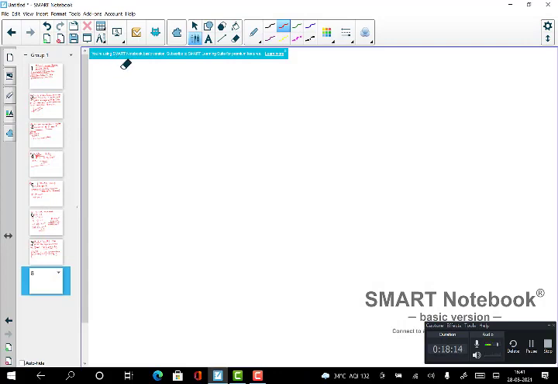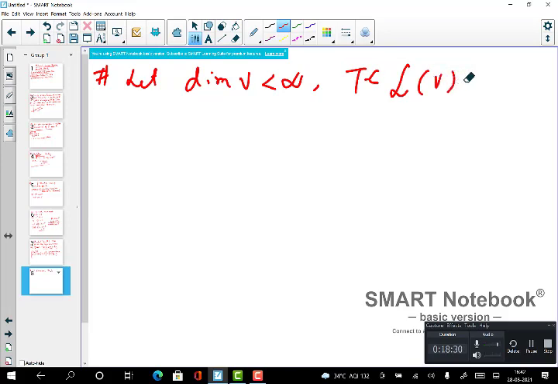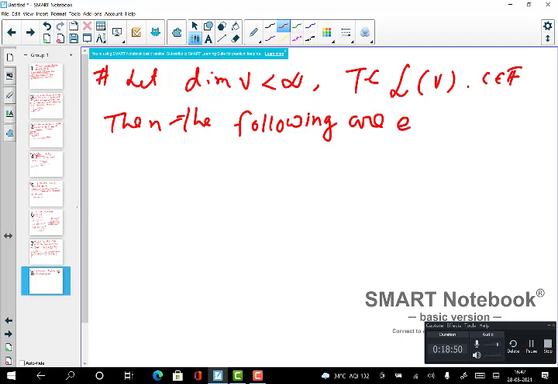Let me assume that the dimension of V is finite, and you have a linear operator T on V, an element of L(V), and obviously a scalar C. Then the following are equivalent.